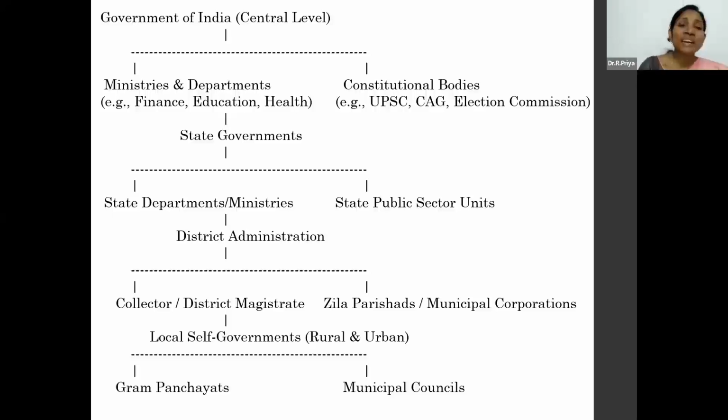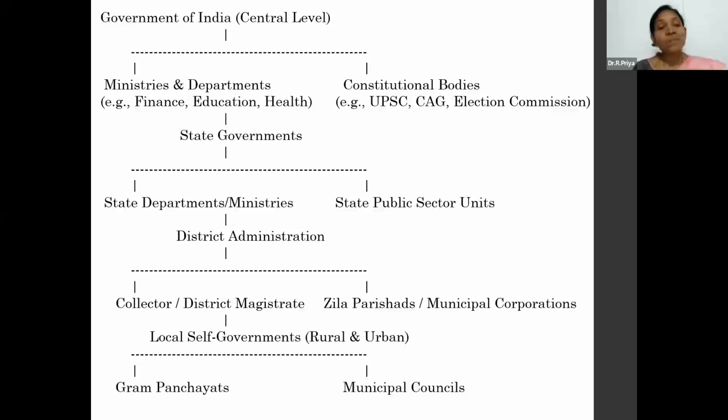The central government handles national level policy making and international affairs. Ministries like finance, railways, health are supported by public administrative people, IAS officers, etc. Then constitutional and regulatory bodies ensure fair functioning of administration, like the Election Commission, then CAG audit, etc. Then state governments are responsible for state specific implementation of central policies and their own state schemes also.